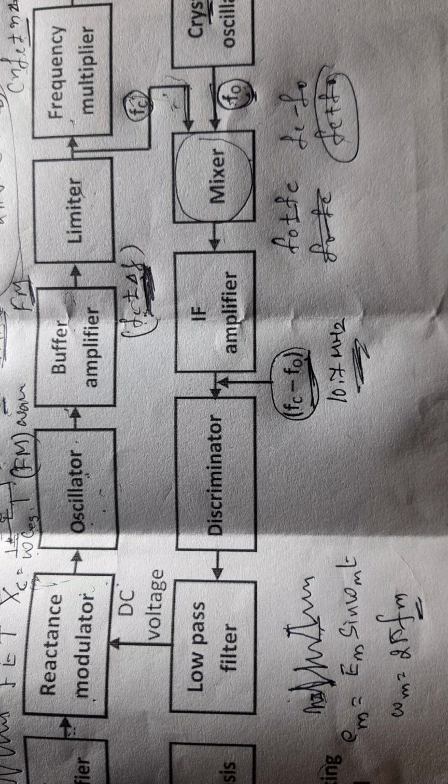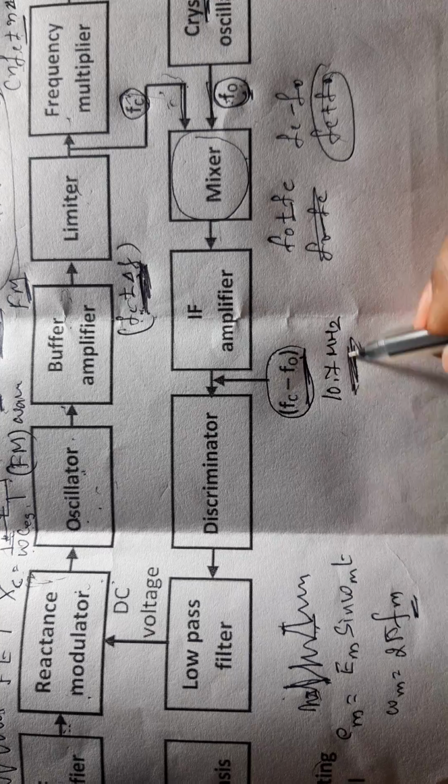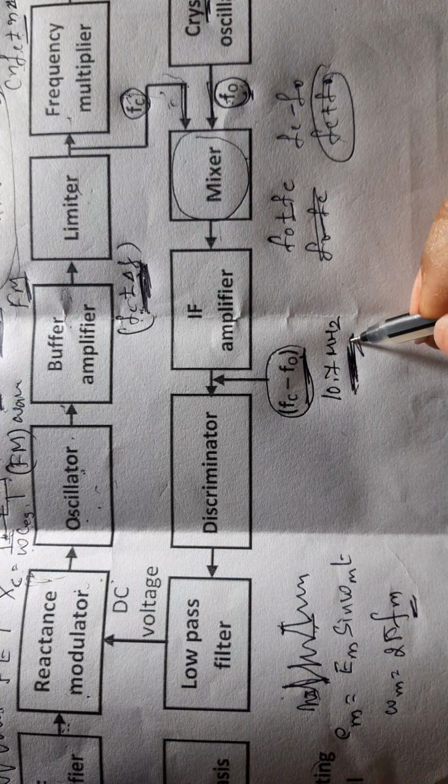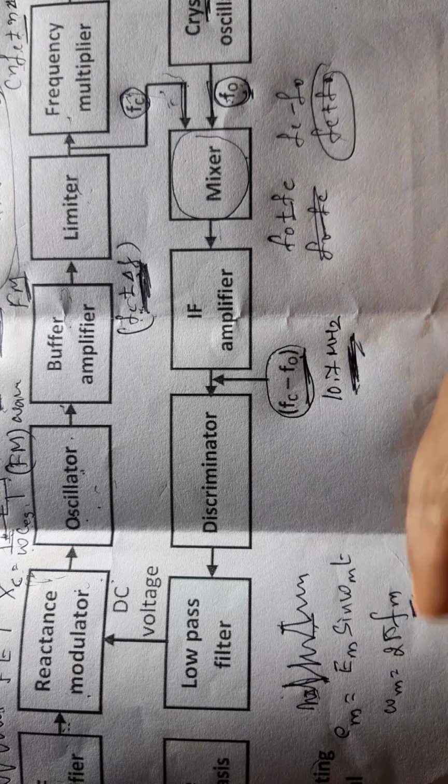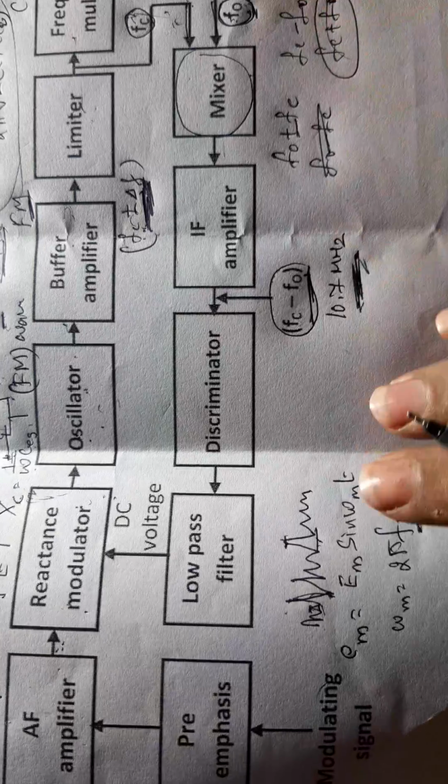And for AM transmitter, it is 455 kilohertz, standard all over the world. The intermediate frequency of a transmitter in the case of AM is 455 kilohertz, while in FM transmission it is fixed as 10.7 megahertz for all FM transmitters.